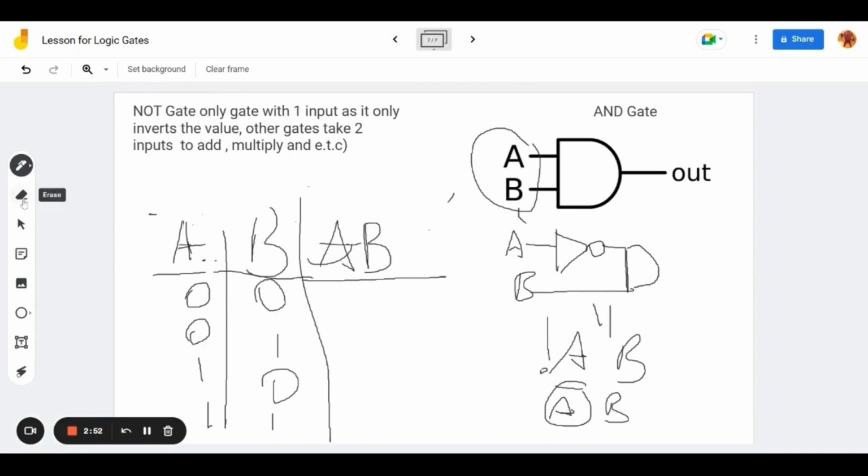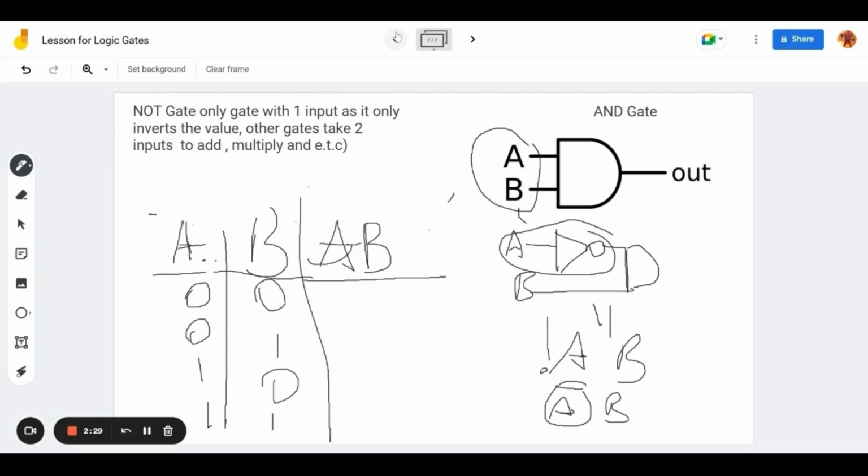But I'm just telling you this so you understand that if there was an inversion beforehand, you don't just do the multiplication together. You first invert the A, or whatever has the NOT gate on it. In this case, it's A. And then you multiply it together. It's kind of like BODMAS, how you follow the order.